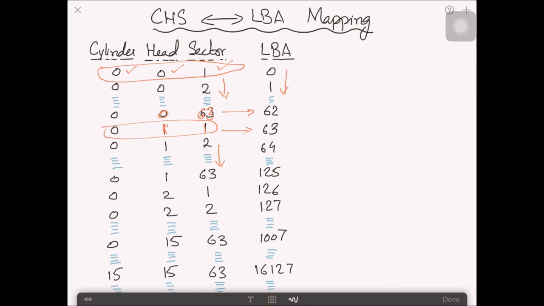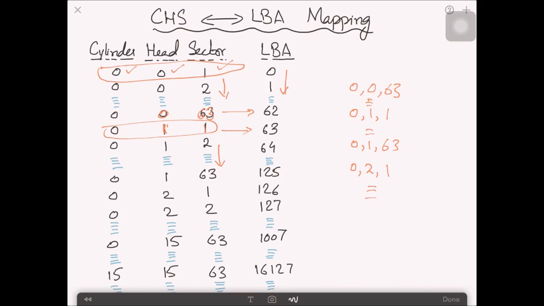Once the track is exhausted after 0-0-63, the LBA numbering continues to the next head, that is 0-1-1. After this is exhausted, the LBA scheme moves on to the next head, and this procedure goes on and on.